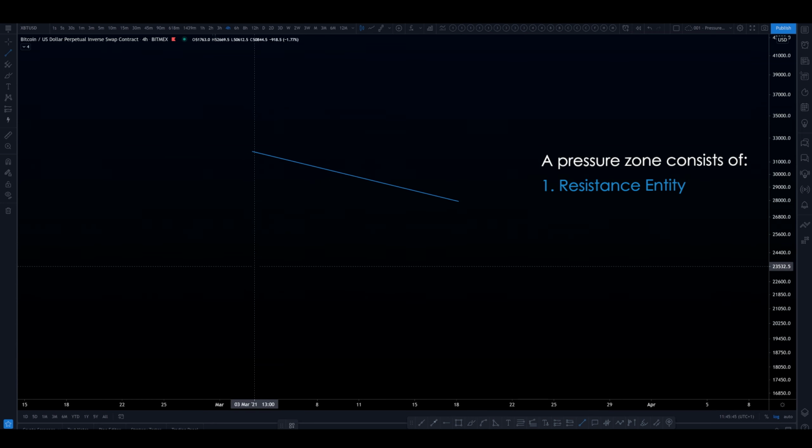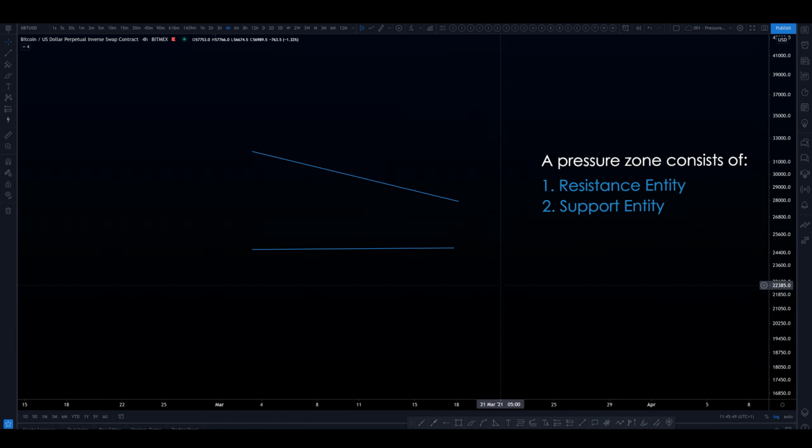And we do also have a support entity. And this support entity is the same as the resistance entity, but it is acting as support, a single entity, an object, such as a level, a trend line, and many more I will talk about later.